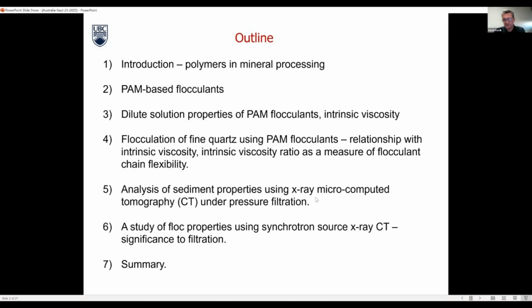So we'll look at pressure filtration of sediments, but we will also look at floc properties, measurements on single flocs, again using X-ray CT in our national Canadian synchrotron facility in Saskatchewan. And we'll finish with a summary of the data.